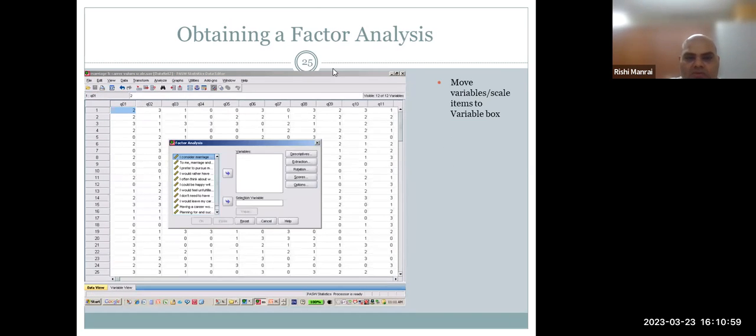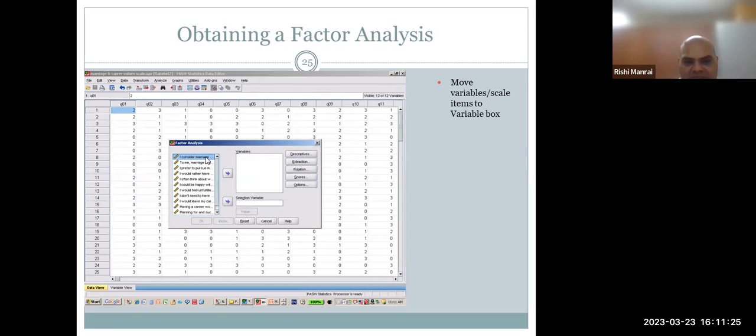Once you select this, before that we have to move the variables. Whichever variables are to be considered for factor analysis, we will move those variables out of this particular box into the variable box. The first option, the blue one, is selected.